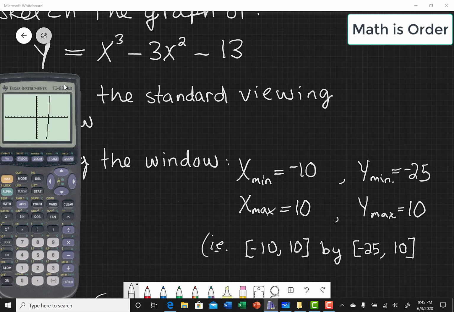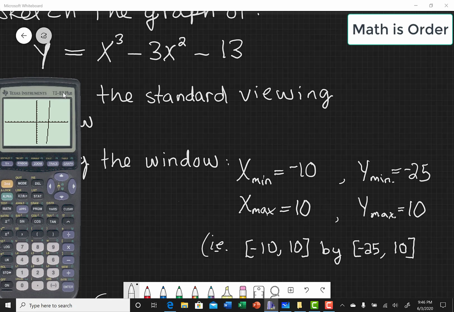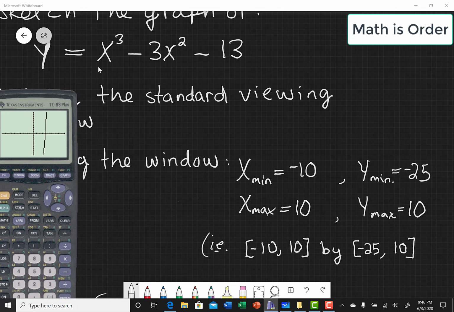All right, now let's sketch the graph of the same equation using this viewing window, right? So I'm going to click on window, and I'm going to adjust my window settings so that they're the same as this.